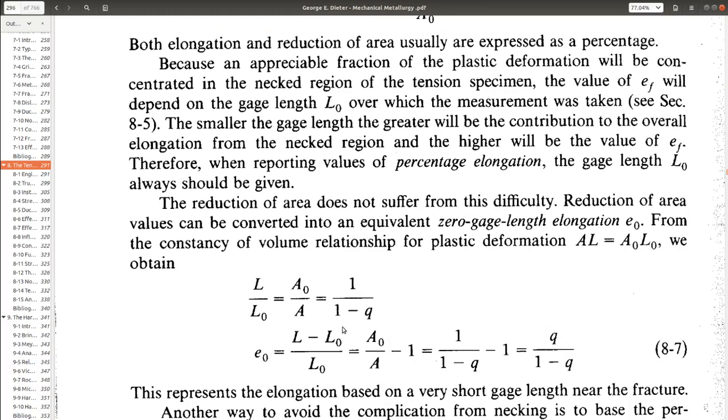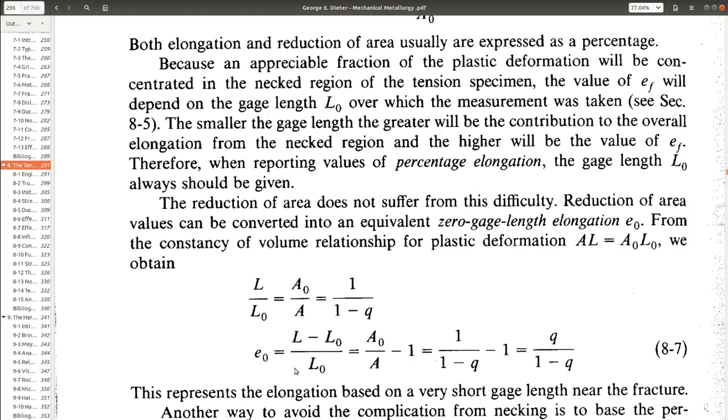Okay, so now (L minus L naught) by L naught, okay, once again from this relation, A naught by A minus 1, that we could do. How? Simple. Divide this by L naught, which will give us L by L naught minus L naught by L naught, where L naught by L naught becomes 1.